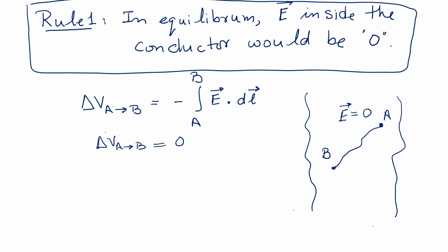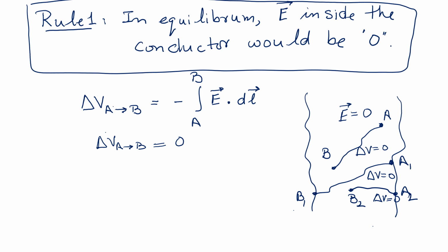Any point I go to, whether the point is internal as I have drawn, or the points are on the surfaces, or one point is on the surface and the other on the other surface, the potential difference is always going to be zero between any points. There is no potential difference created between different points in this ideal conductor.